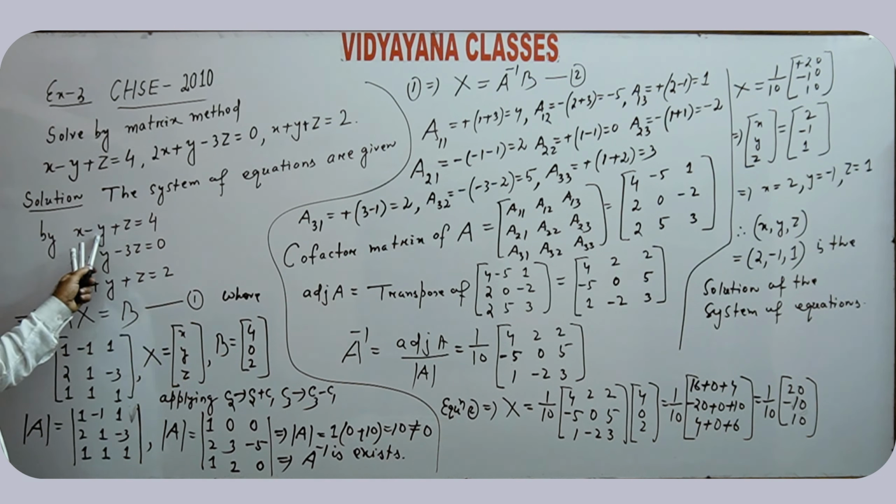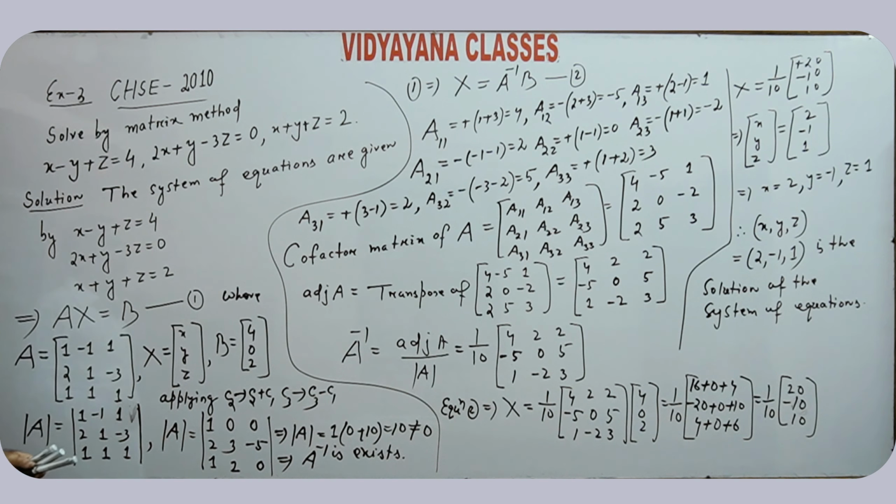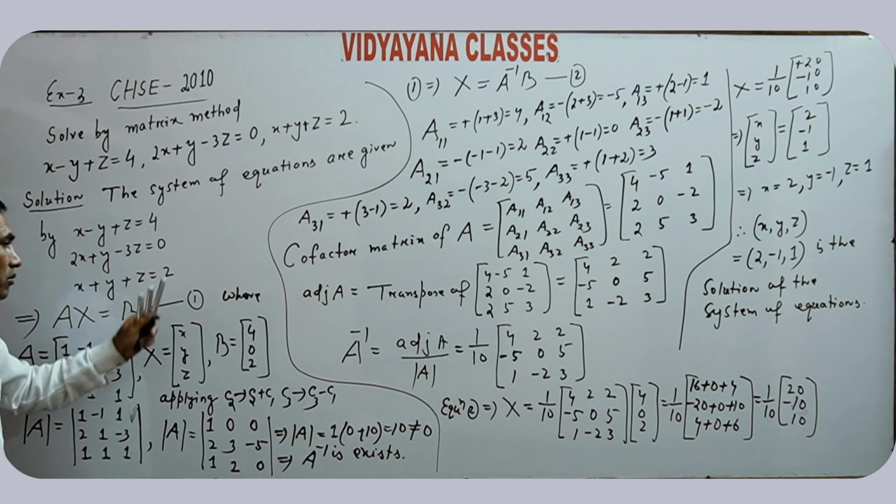2 plus 1 plus 1, that is equal to 4. Satisfies the first equation. 2 into 2, 4 minus 1, that is 3 minus 3 equal to 0. Satisfies the second equation. Minus 1 plus 1 cancel, that is 2 is equal to 2.